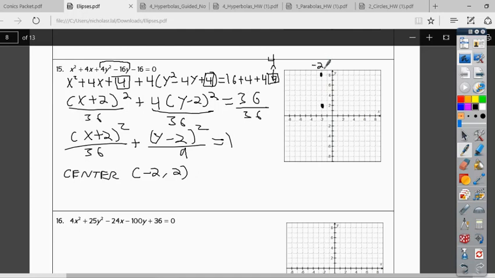Vertex at (-2, 8). We have a second vertex at (-2, -4). b is equal to 3. We have another vertex at (1, 2), and another vertex at (-5, 2).